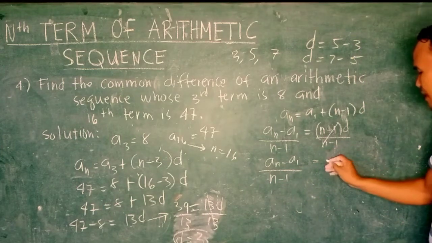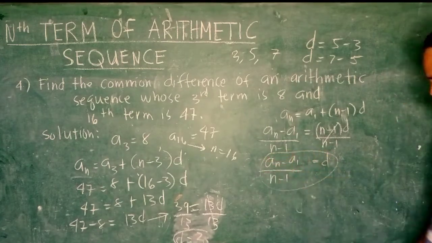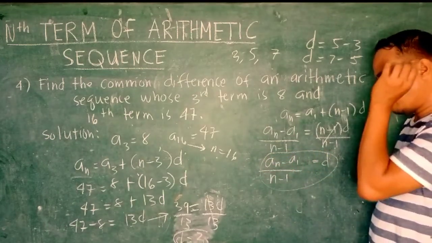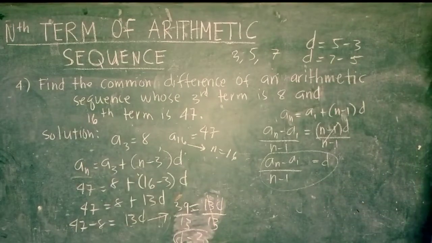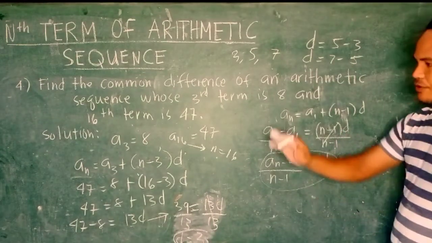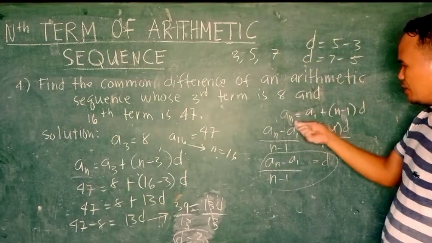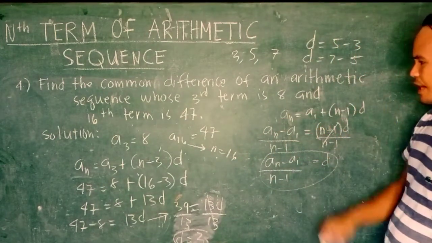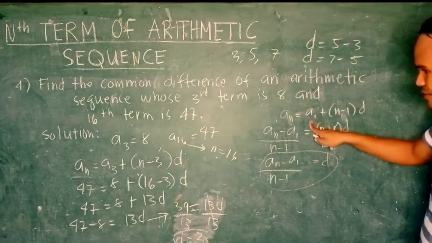This is now the formula in finding the common difference when the terms are not consecutive. We can change our general term, our original formula, depending on whatever the given is. If the given is A sub 3, we can use A sub 3.